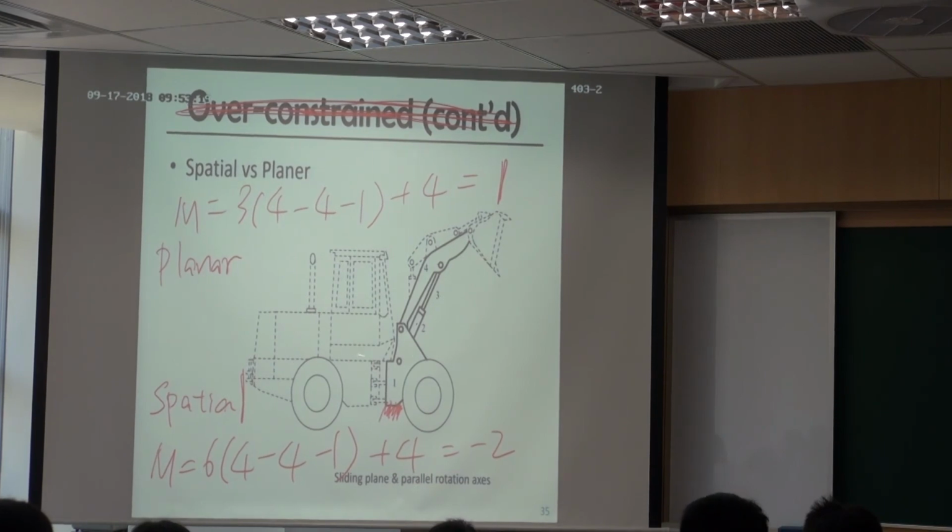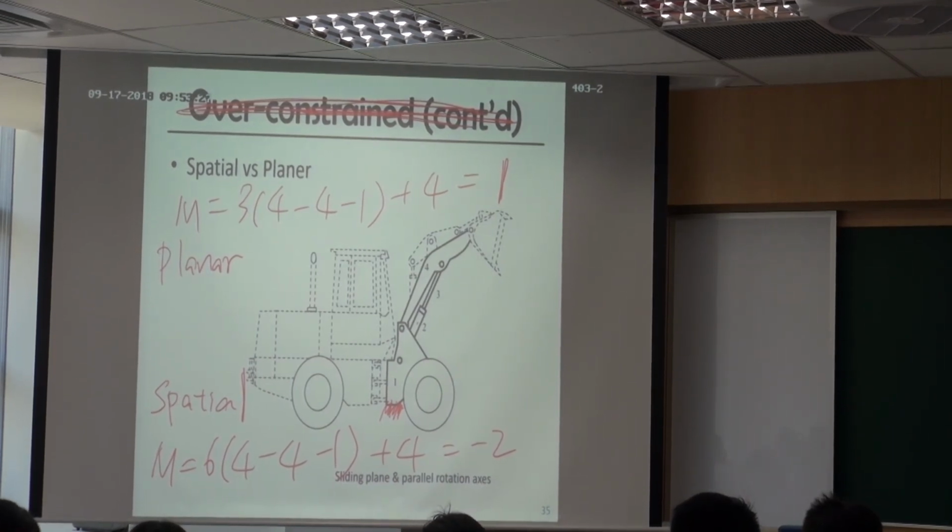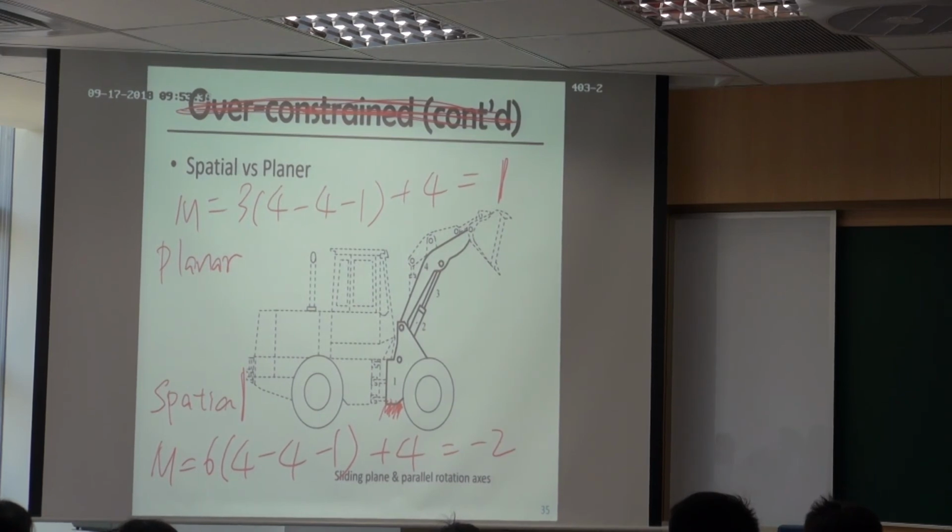Yeah, and also the sliding must also be on the surface. You cannot just randomly change the sliding direction. But this spatial equation for spatial mechanisms didn't consider the orientation of the R joints and the orientation of the sliding.